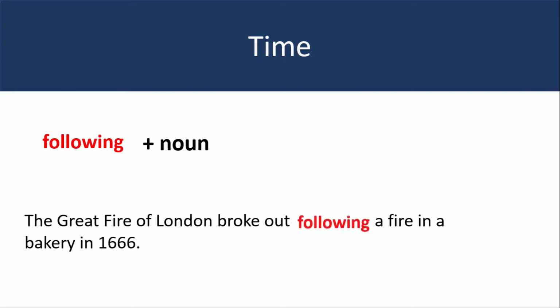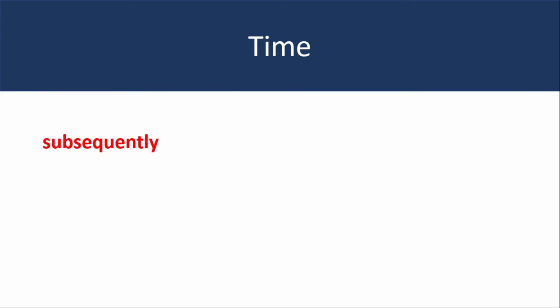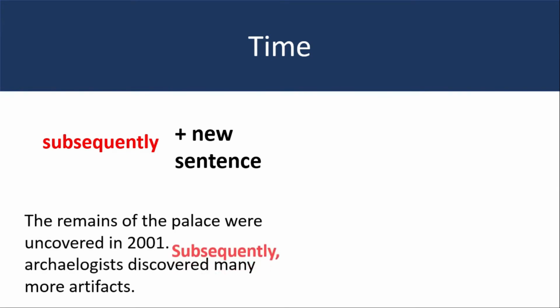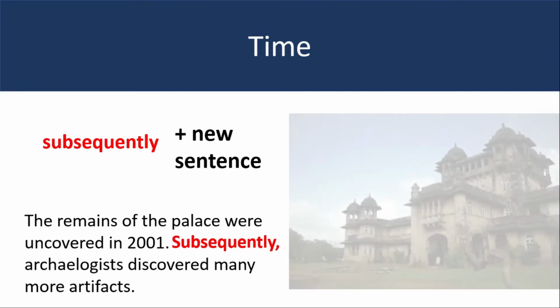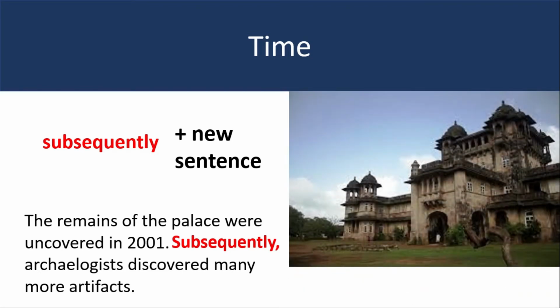For example, the Great Fire of London broke out following a fire in a bakery in 1666. "Subsequently" is usually accompanied by a new sentence. The remains of the palace were uncovered in 2001. Subsequently, archaeologists discovered many more artifacts.